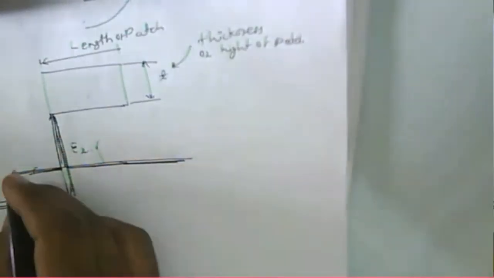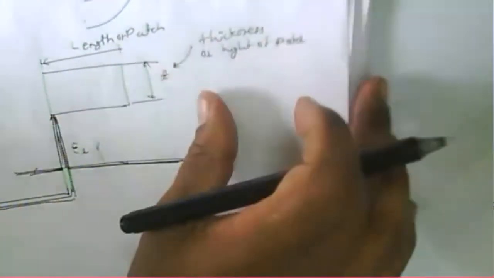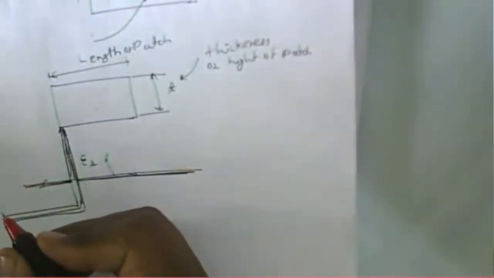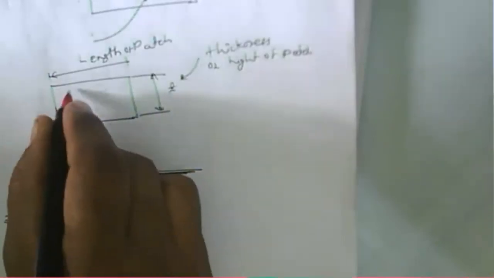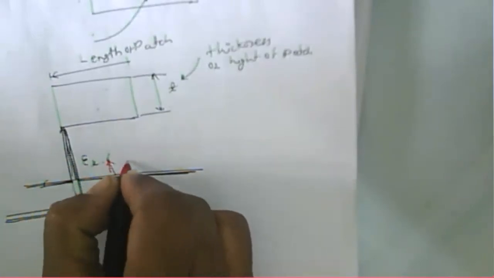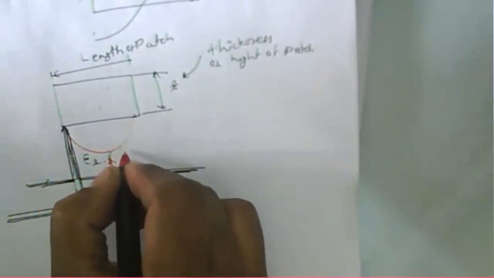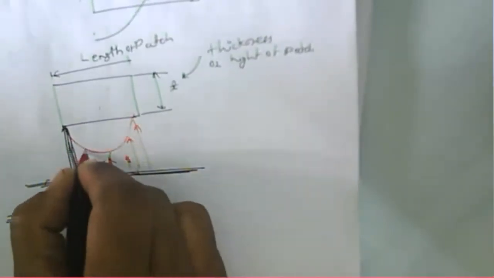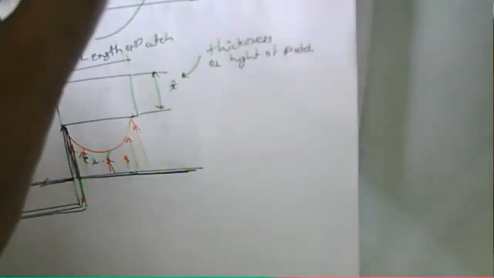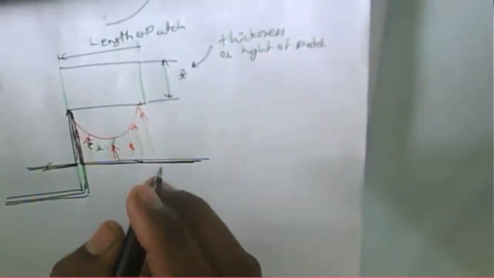That reflection depends upon the thickness of the given patch. So let me redraw the reflection likewise. This is the reflection from the given patch because of its small thickness.